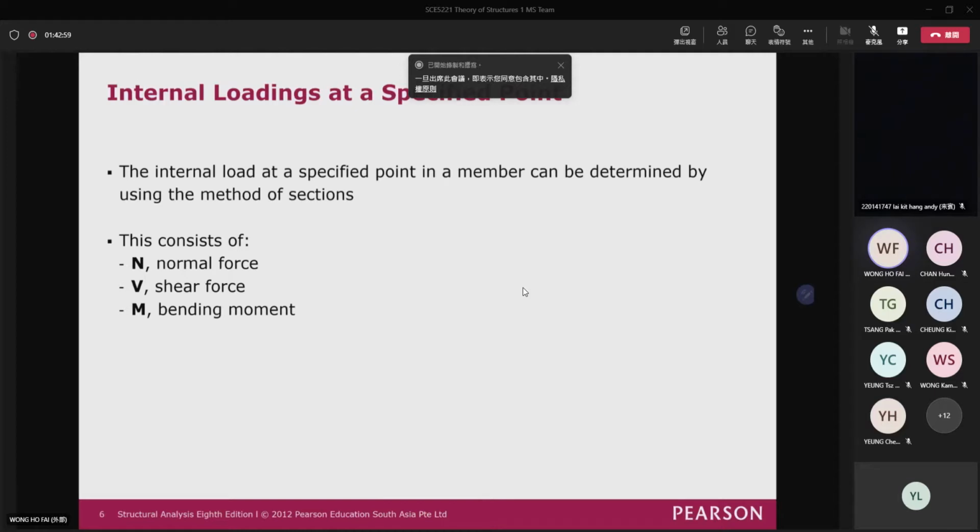Normal force means either tension or compression, while the shear force is the force which is perpendicular to the axis of the member being cut, or parallel to the face it is being cut at a particular section. And for bending moment, you know that it is the moment to keep the section in equilibrium.